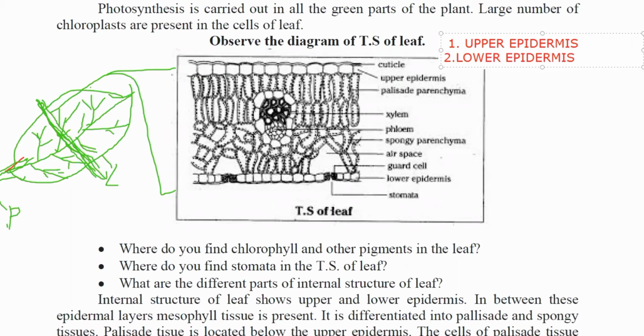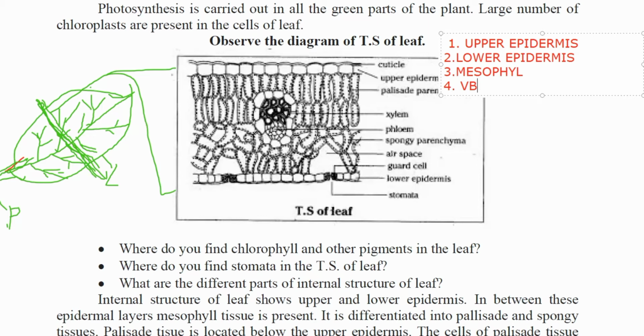Third, mesophyll. Fourth, VB. VB means vascular bundle. These four parts we can see, and these have some other parts also. The epidermis is divided into two: upper epidermis and lower epidermis. Then mesophyll and vascular bundle.